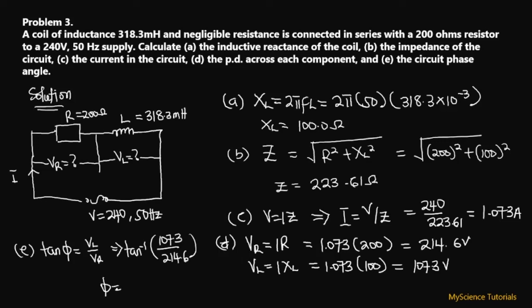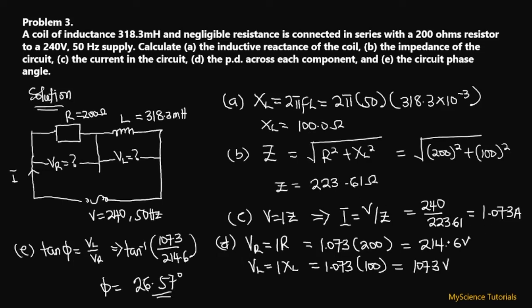So our phase angle is equal to the tan inverse of this ratio, which is going to give us 26.57 degrees.